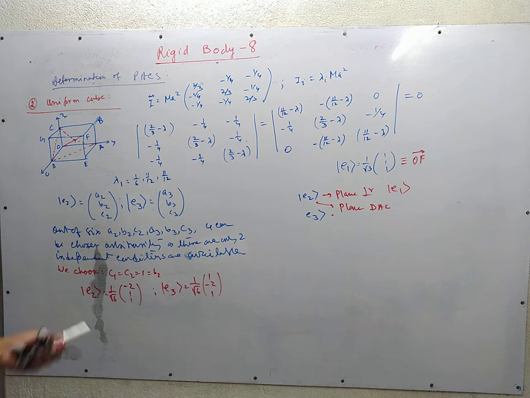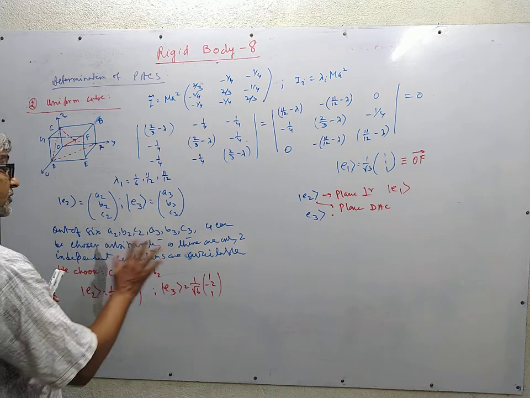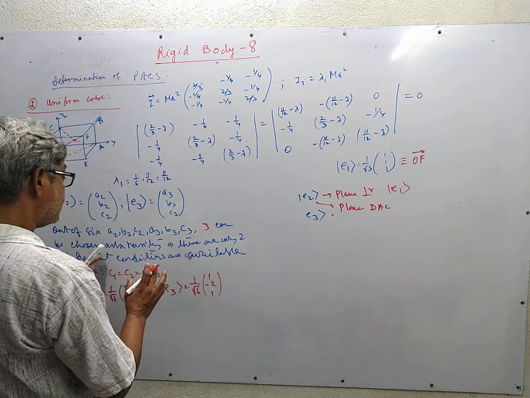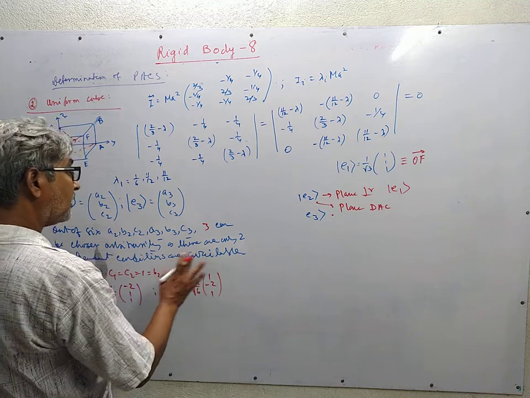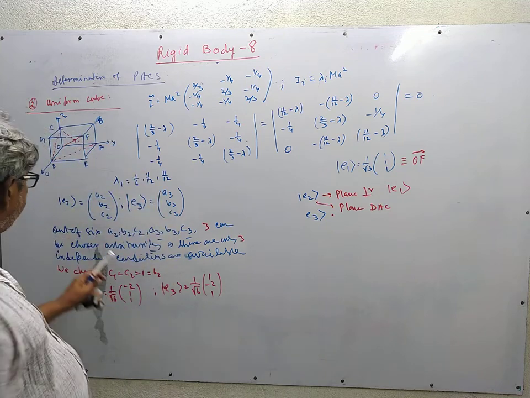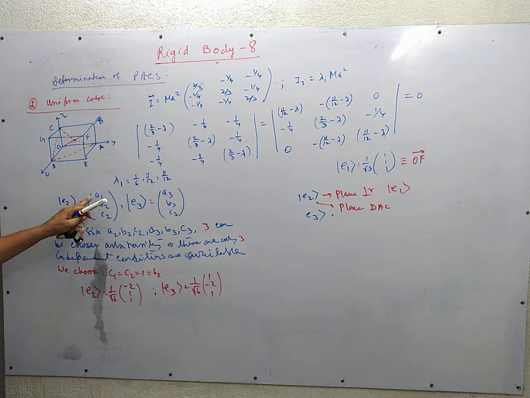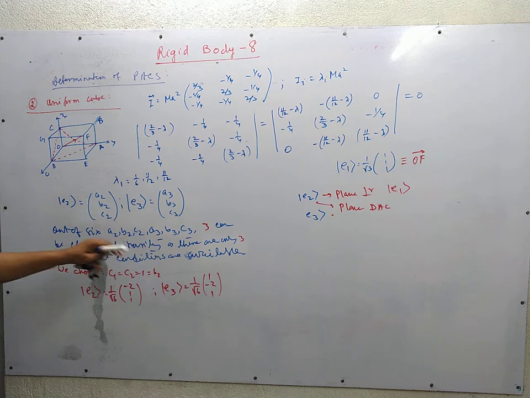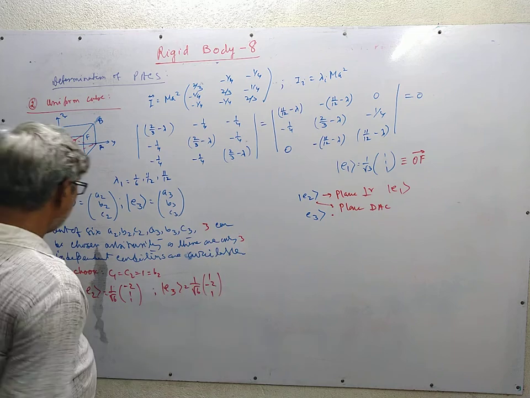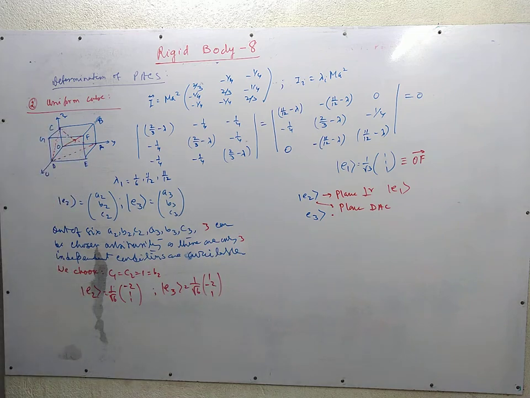We can choose any 4 and then we get the other relations too. Actually, there were 3 relations: A1 plus B1 plus C1 is equal to 0, A2 plus B2 plus C2 is equal to 0, A3 plus B3 plus C3 is equal to 0, and A2 A3 plus B2 B3 plus C2 C3 is equal to 0. These were the relations.